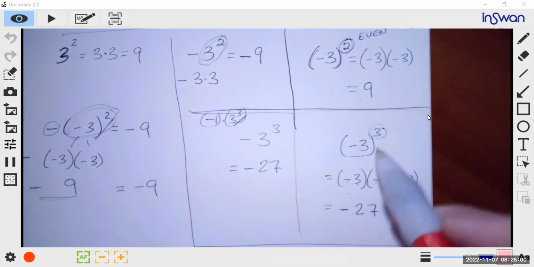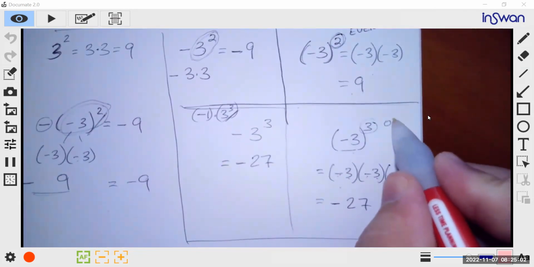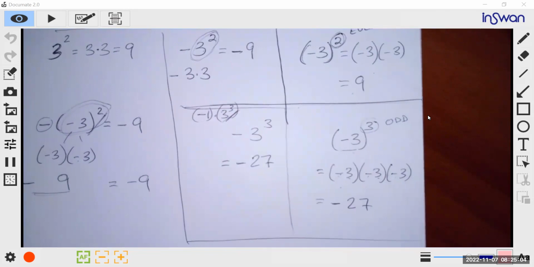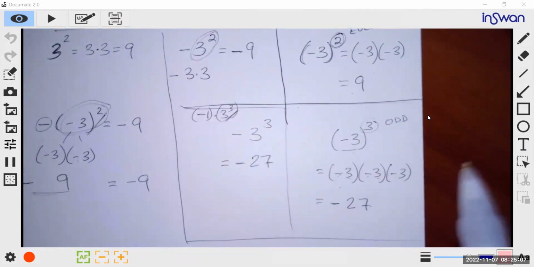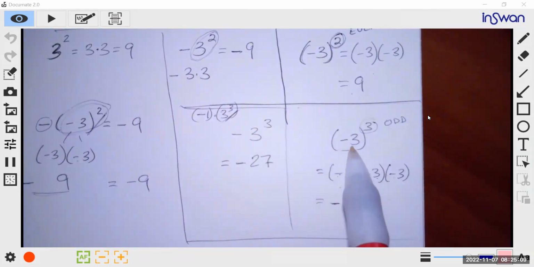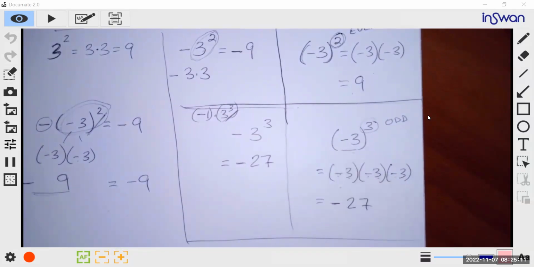If you have an odd exponent, the final answer will be whatever sign is inside the parentheses.